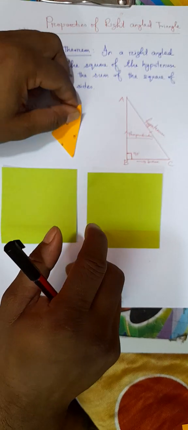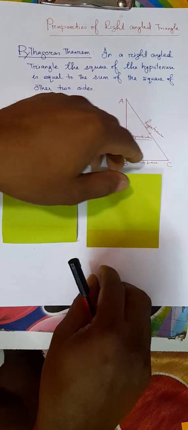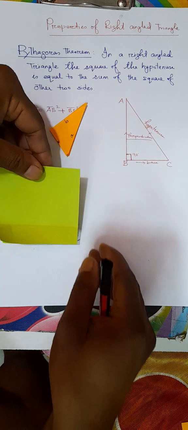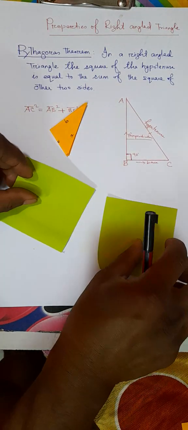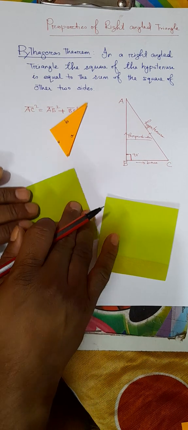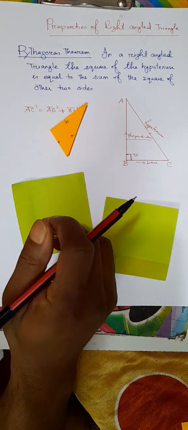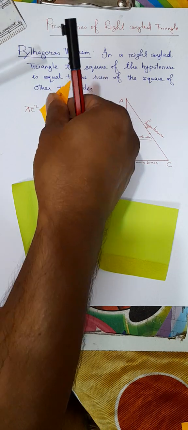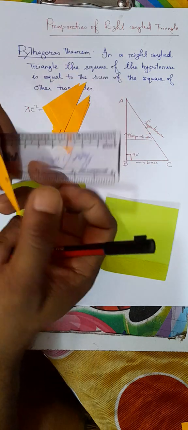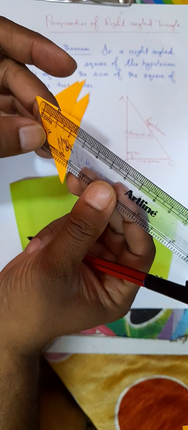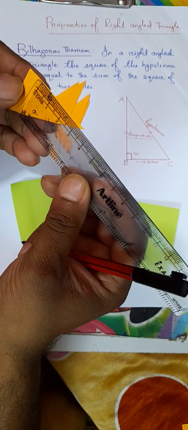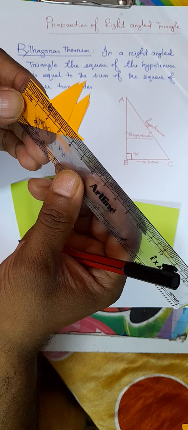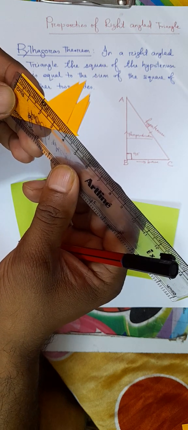Now we are taking two squares exactly identical. These two are equal squares, right? So we are taking these squares with measurement say b plus c. Suppose here the length of this side b is 3 centimeter, and this is 4.5 centimeter.